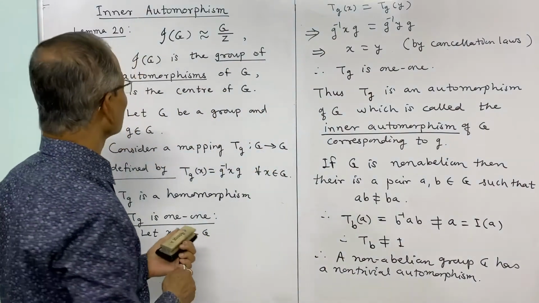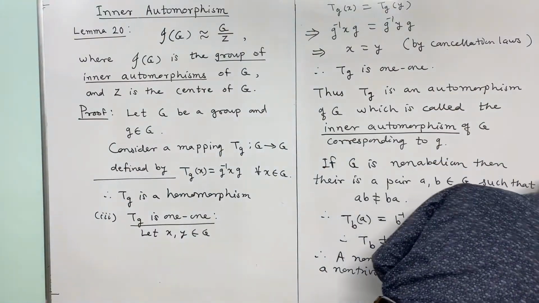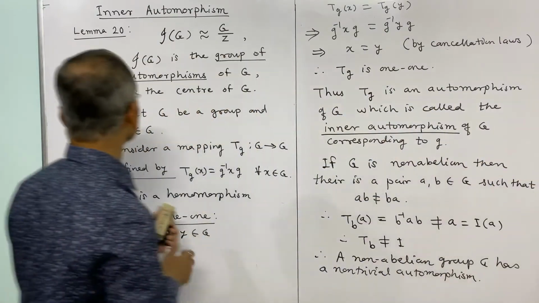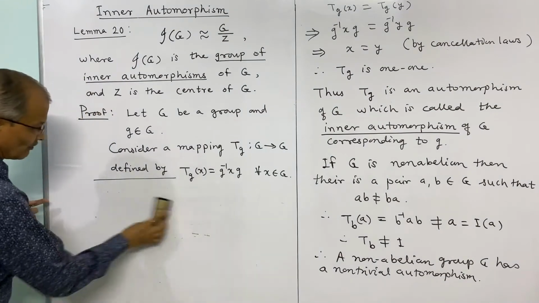Now we define script I of G as the group of inner automorphisms.